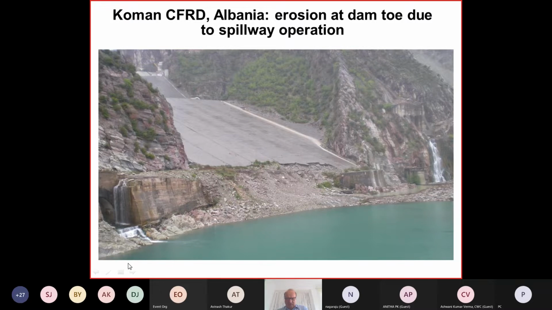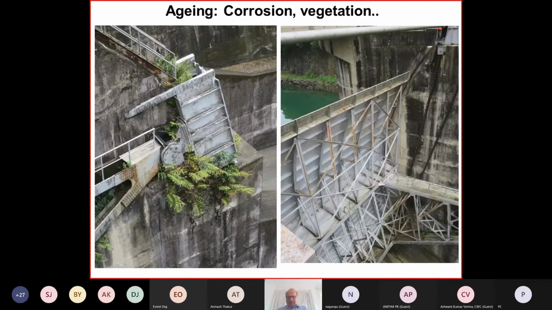Let me say this erosion is also close by the powerhouse, maybe 200 meters away, which could be affected by this scour hole. The other man-made effect is the operation of a spillway, which created this kind of damage, which I've just shown in Albania.